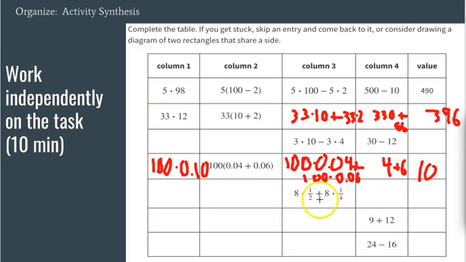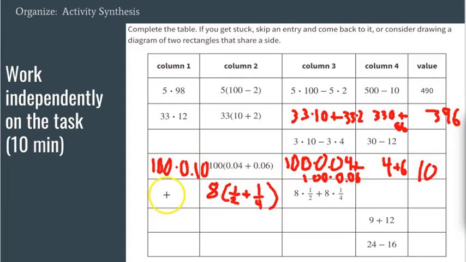What about this one? 8 times 1/2 plus 8 times 1/4. Yeah, so you're talking about here 8 times 1/2 plus 1/4, right? You've just distributed that 8.